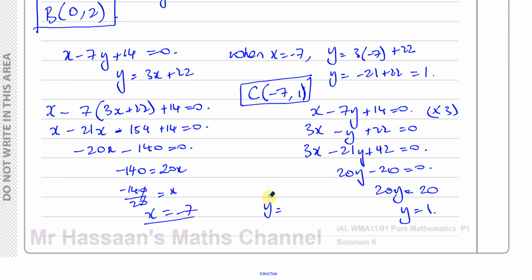I want to find what x is, and I think it's better to use this equation. So put y equals 1 into this equation. I have x minus 7 times 1 plus 14 equals 0. So that gives you x plus 7 equals 0, in which case x equals negative 7. So I get the same coordinates, negative 7, 1, for the point C.